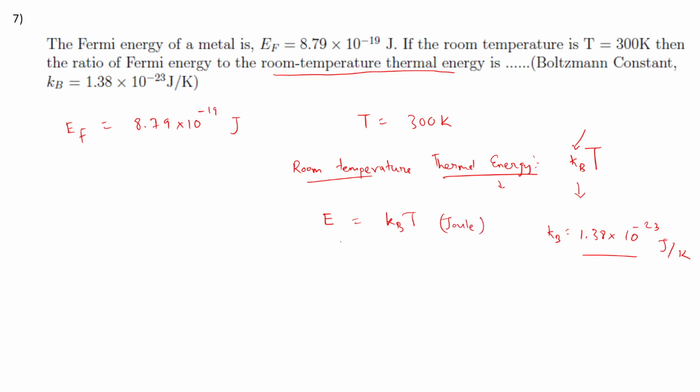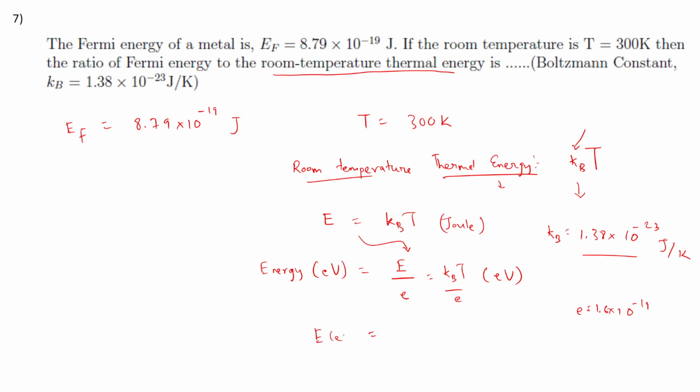But most often in literature and books, energy is expressed in electron volts. To convert the energy E to electron volts, you divide by the electronic charge e, which is 1.6 × 10^-19.